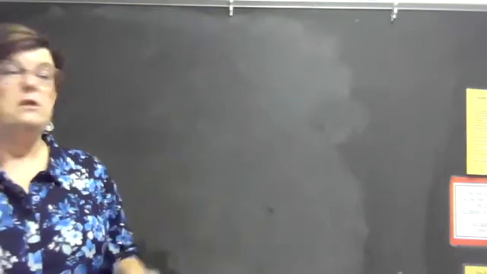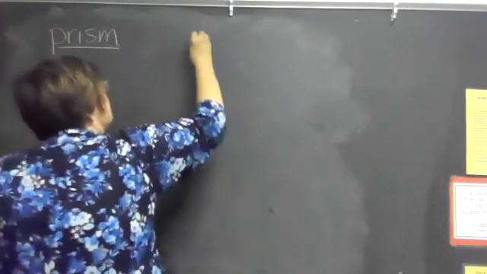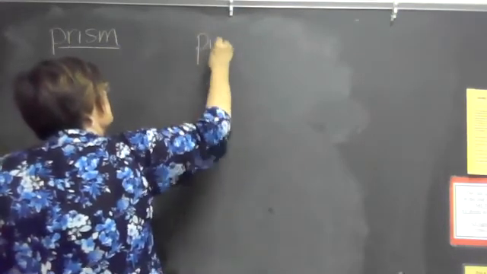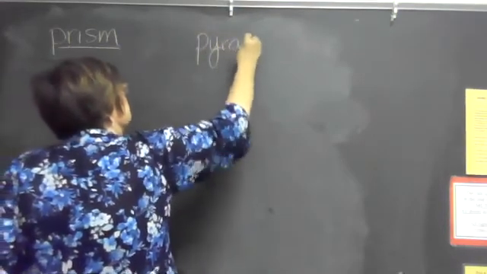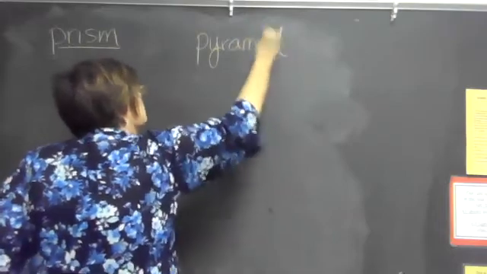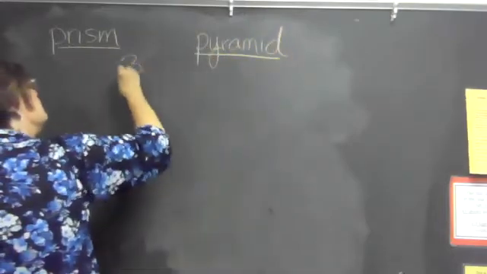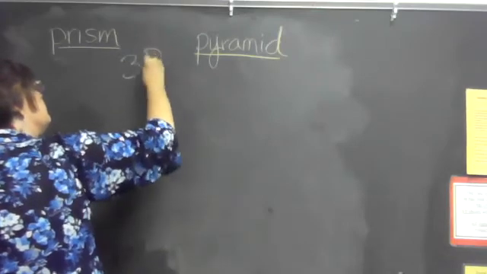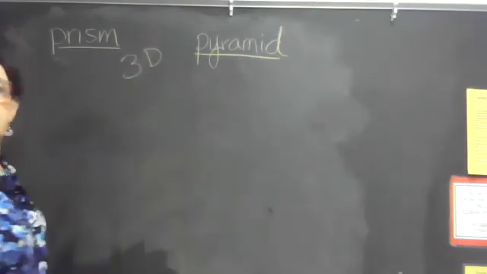difference between here. Now, the main thing I want you to see the difference today is between prisms. These are three-dimensional now. Prism and pyramid. Both of these are 3D, three-dimensional.